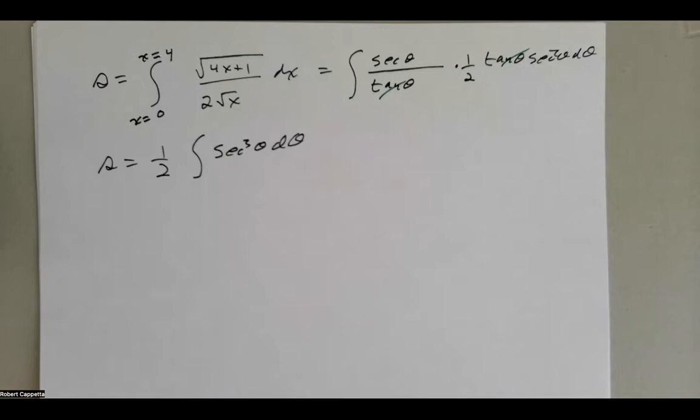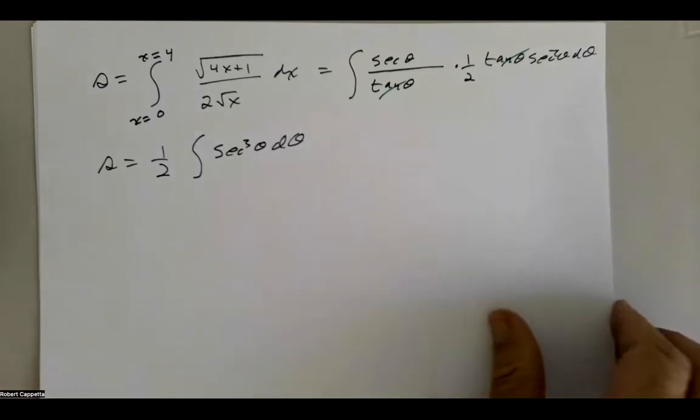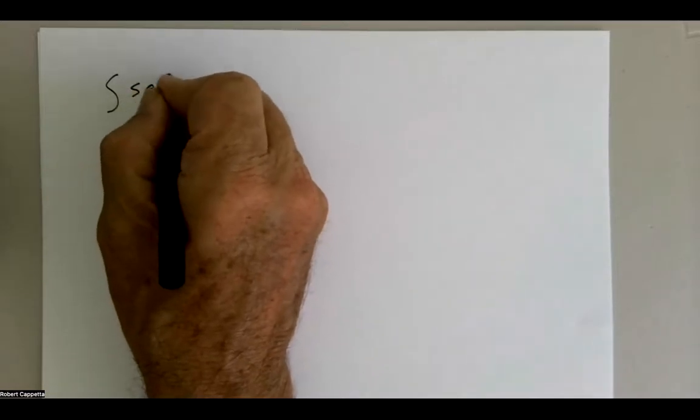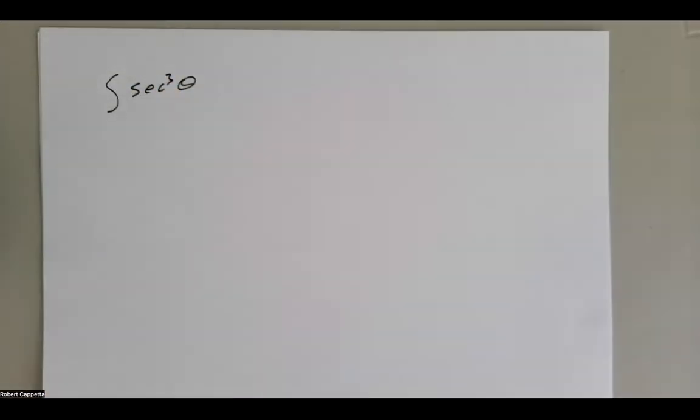Let's go to a piece of scratch paper and quickly do the integral of secant cubed theta. So how do we do that? Again, we are just trying to find the arc length of a parabola, and to do that I am required to do the integral of secant cubed.